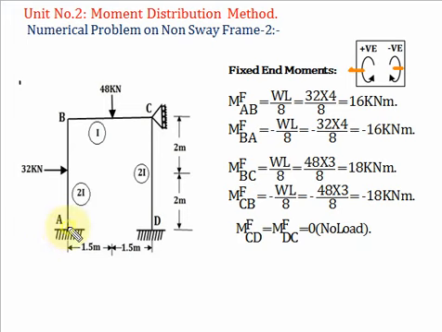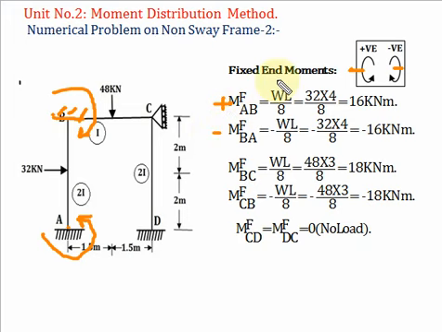Consider first span AB. Treat both ends as fixed ends and find out their fixed end moments. So at A the moment will be anti-clockwise, so positive, and at B the fixed end moment will be clockwise, so negative.